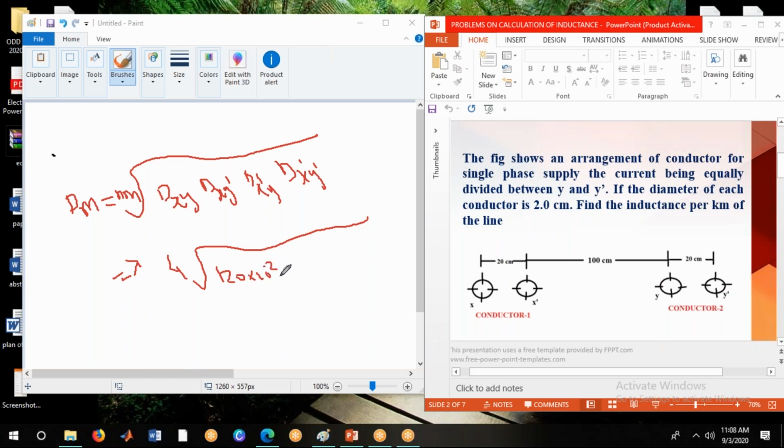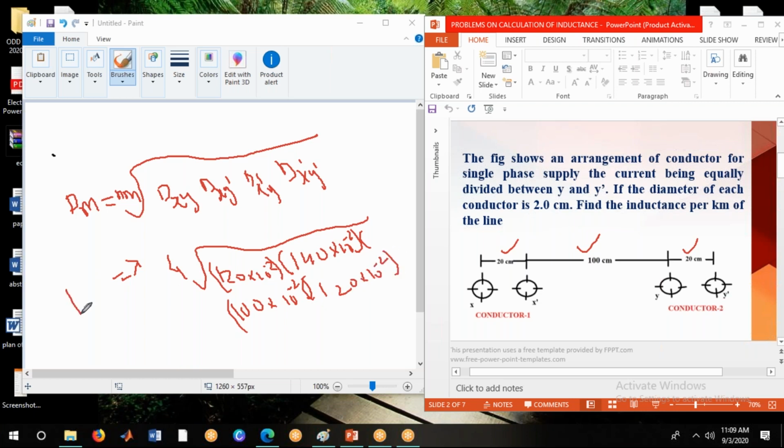It will come in meters. Similarly, the distance between x and y dash is 100 plus 20, 140 into 10 power minus 2, into the distance between x dash and y, which is 100 into 10 power minus 2, into the last one, x dash to y dash, whose distance is 120 into 10 power minus 2.